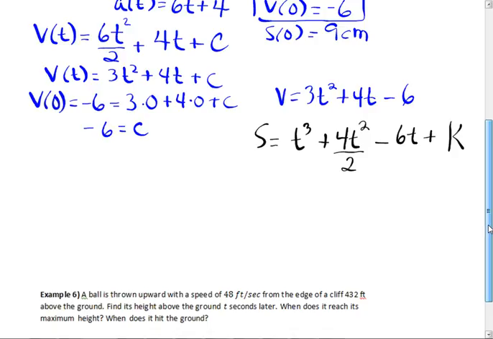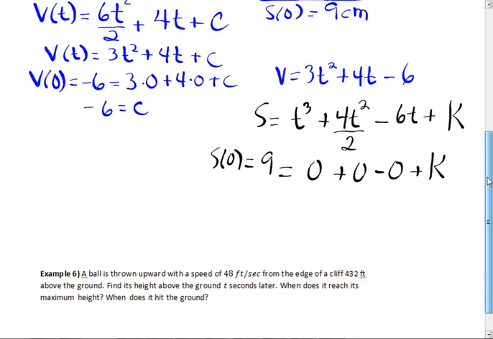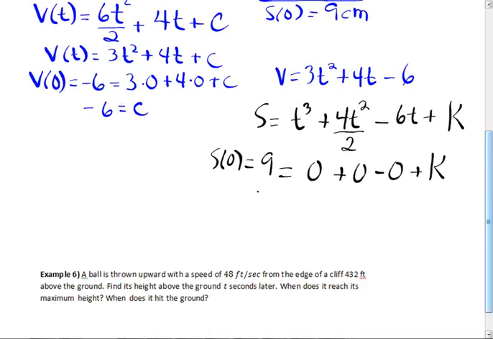And now we're going to substitute s of 0 in here. So s of 0 equals 9 equals, luckily they gave us 0 because it makes the arithmetic a lot easier, 0 plus 0 minus 0 plus that constant. But it's not always, s of 0, this 9 centimeters, is not always this constant that's added at the end. You really have to go through the work. t cubed plus 2t squared minus 6t plus 9.